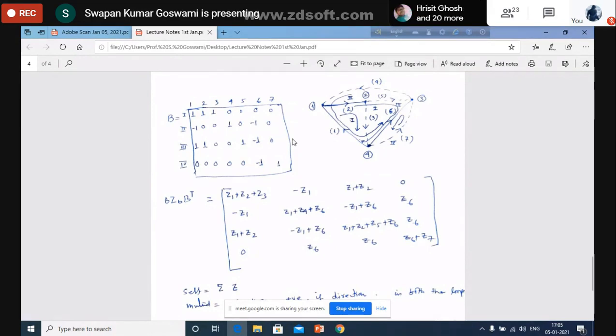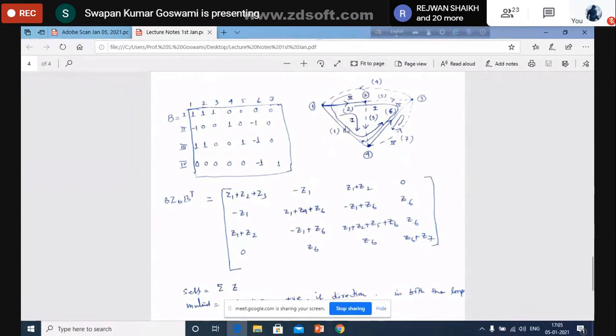Now you see the common impedance between loop 1 and loop 2. What is the common impedance? This is Z1, the only element common to loop 1 and loop 2. Then what is the direction of loop 1, and what is the direction of loop 2?